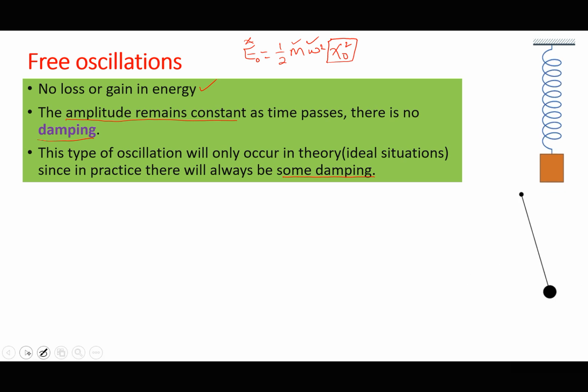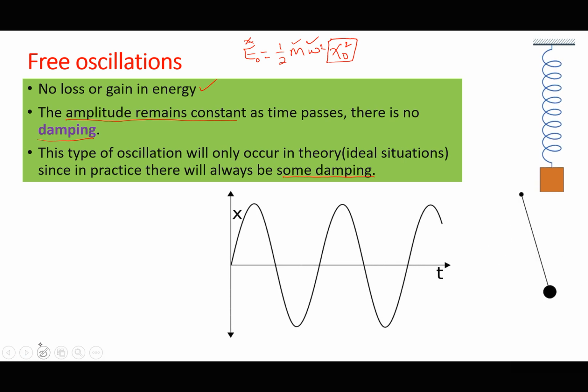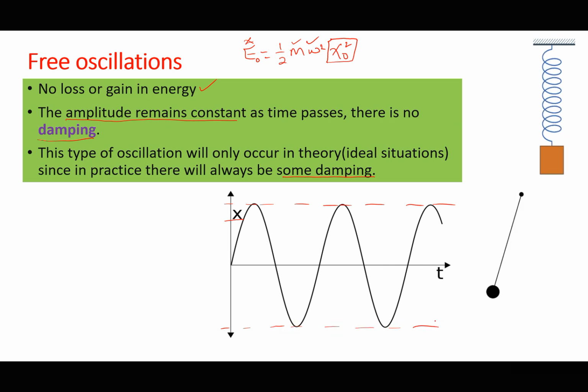For free oscillations, the amplitude does not change. If we were to sketch a graph of displacement against time, the amplitude would remain constant throughout the motion. The system vibrates to the same maximum displacement throughout the motion. This is a graph of displacement against time for a system undergoing free oscillations.